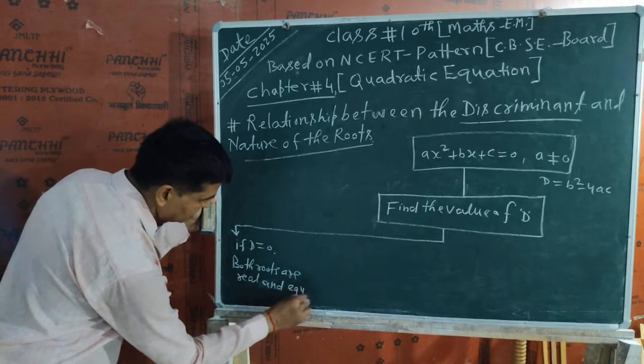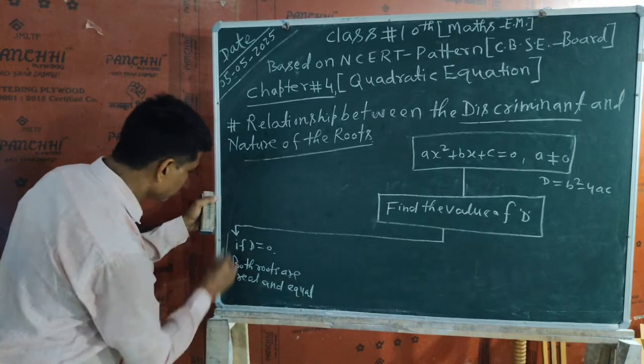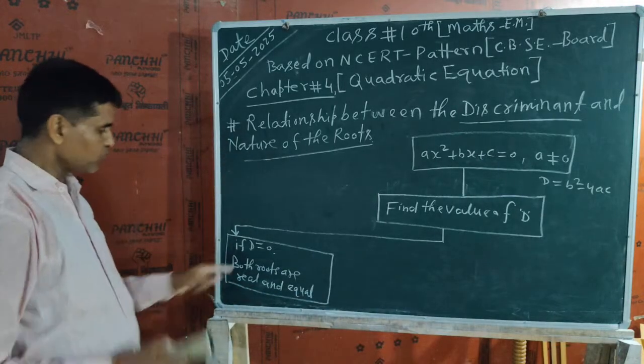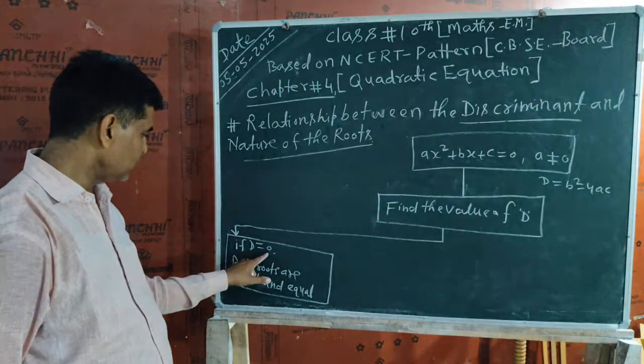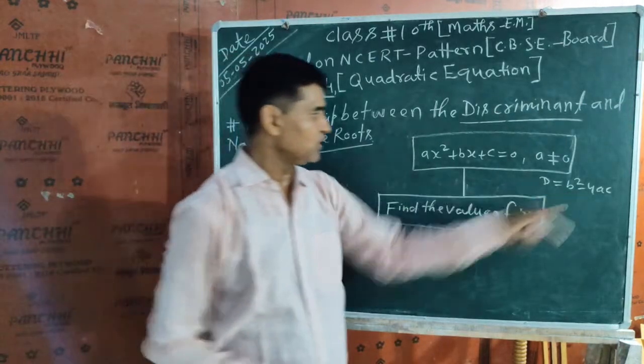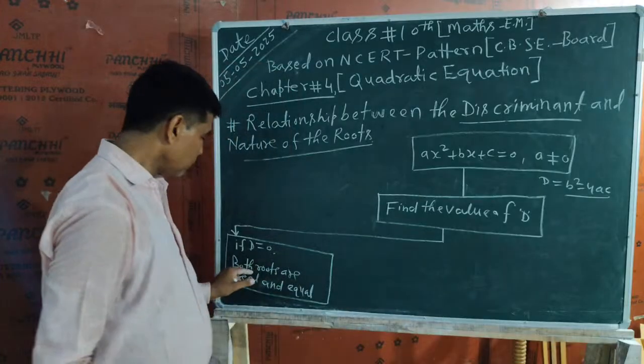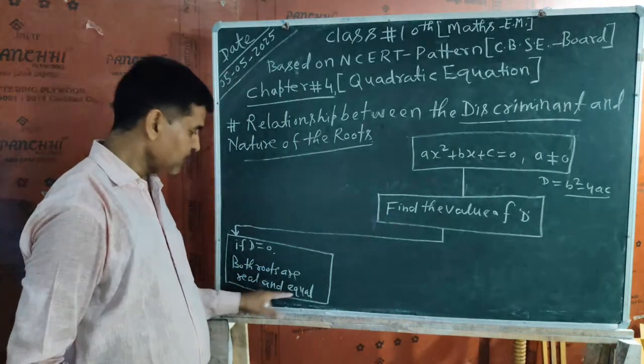So it is very easy and you have to remember it clearly. Okay, students? So in this format you have to follow. If I calculate the value of D and it is 0, I will say both roots are real and equal.